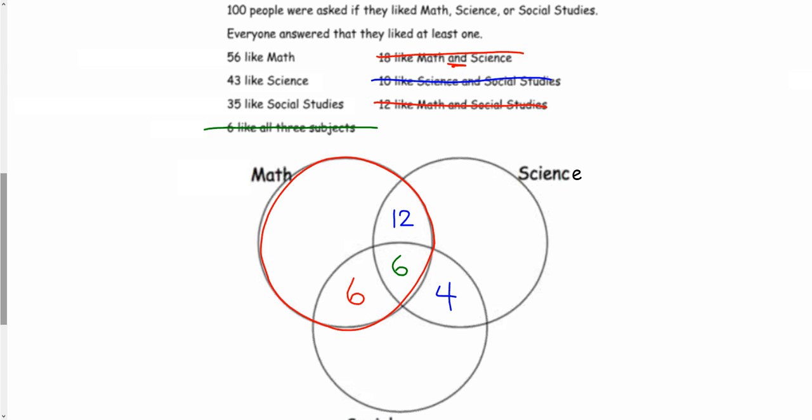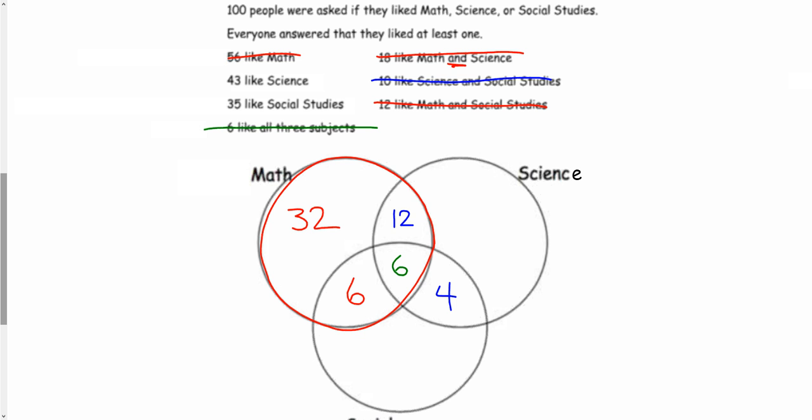How do we figure out what goes in this spot right here? Add those 3, and then subtract it from 56. What is that, 24? When you add these, 24, take away 56, it's 32. So there's math.